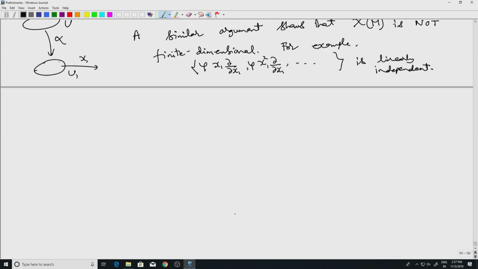Now let me give an interesting vector field, not on R2, in fact on S1, on the circle. On S1, the one-dimensional manifold S1, which we regard as a subset of R2 as usual.